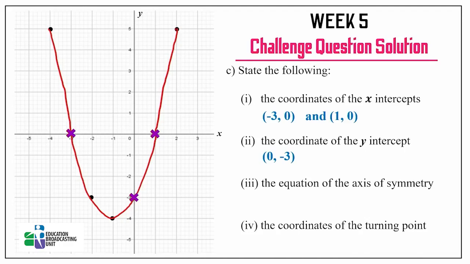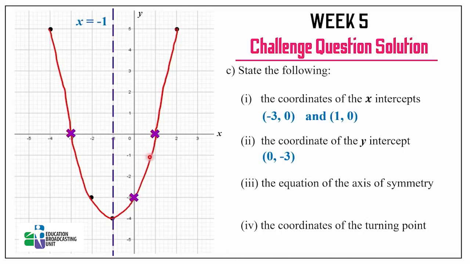Part 3, the equation of the axis of symmetry. So it means that we're going to need to have our equal sign, and symmetry meaning where's the exact half of this graph? So where's the middle? So the middle here we identify as the line x equals -1. But how do we know that that's the name of the line?